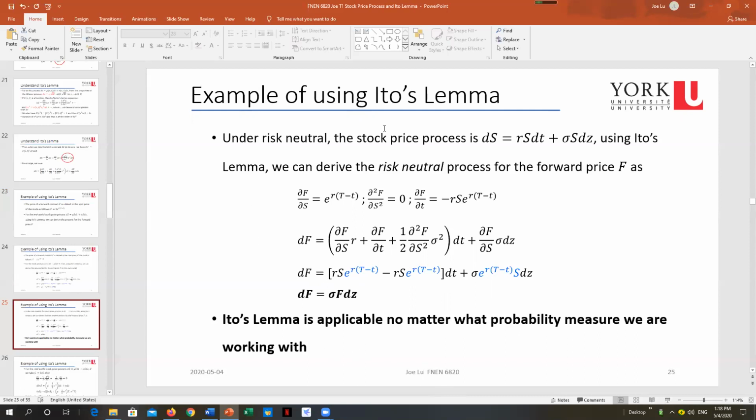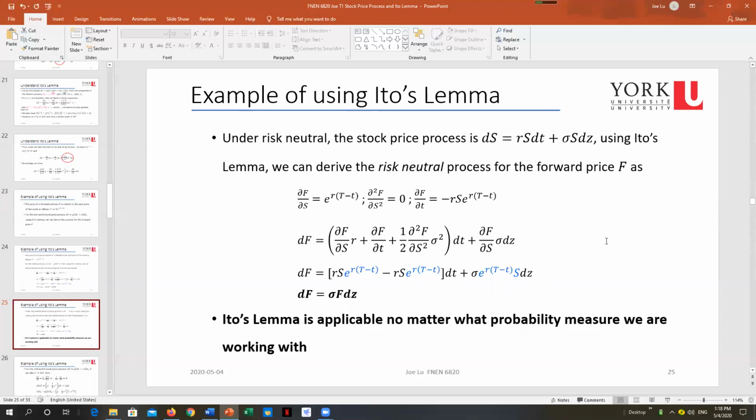The reason we're showing this particular example is to demonstrate that Ito's lemma is applicable to any probability measure you happen to apply it to. It applies to the real world probability measure.